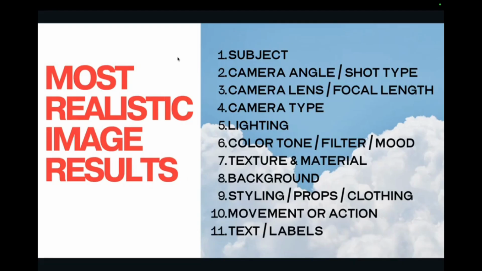I will show you later on what I'm talking about. Okay, so an example of a camera angle: close-up shot from a slightly high angle. Camera lens: of course, we are not photographers, so we can ask the chat what lens do you think was shot for this image?